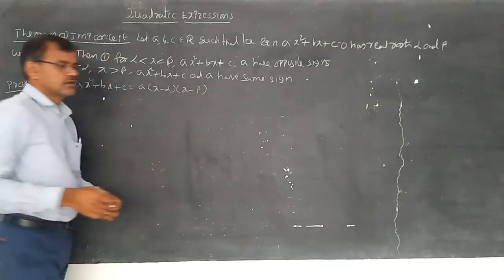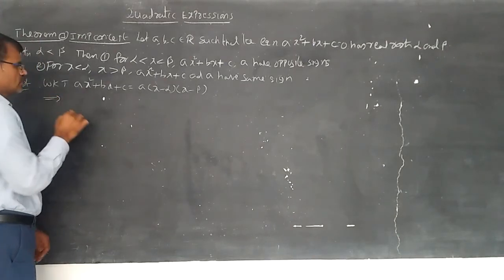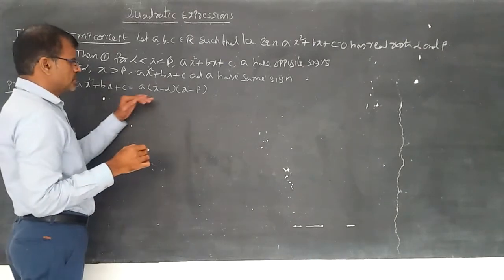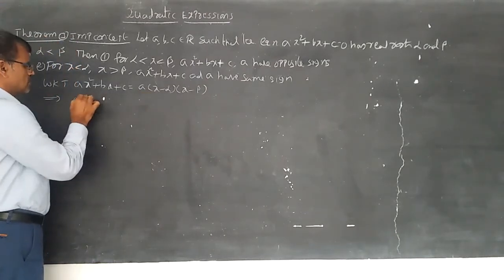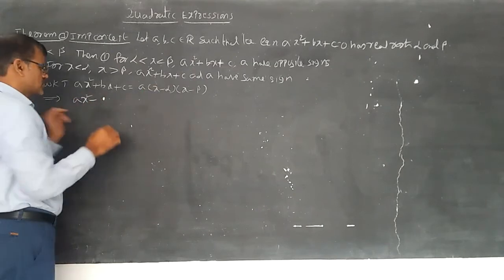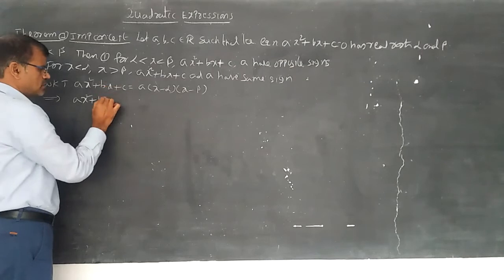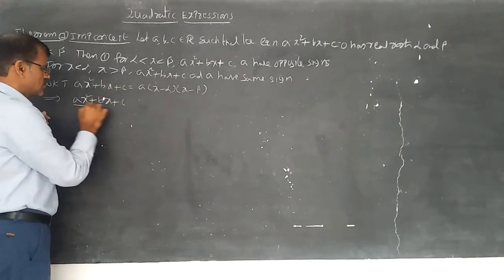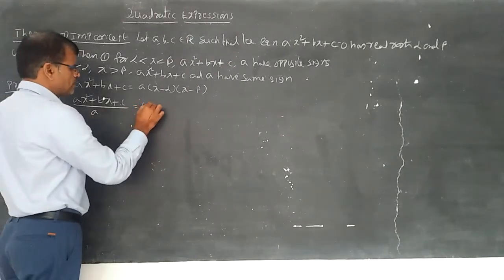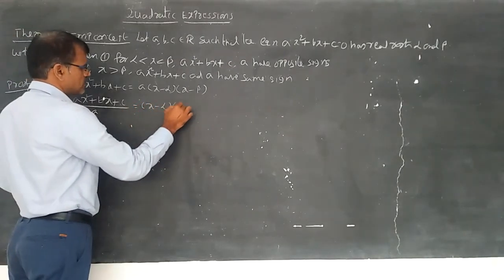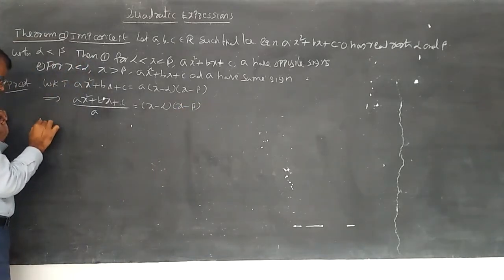While discussing the concept of quadratic equation, I mentioned this formula. So ax square plus bx plus c by a is equal to x minus alpha into x minus beta.